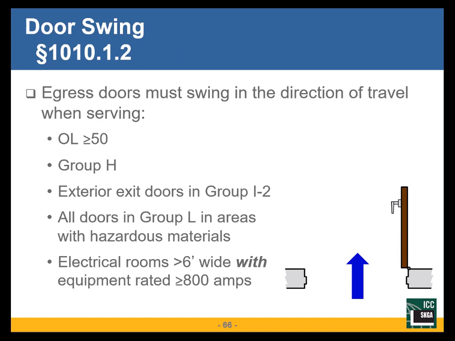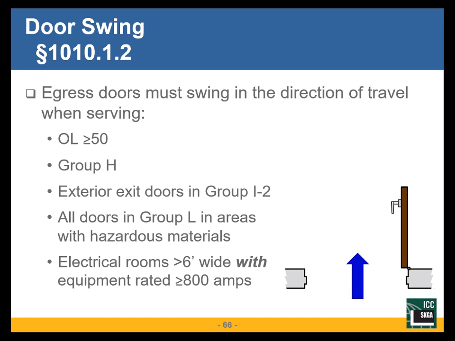When do the doors need to swing in the direction of egress travel? When the occupant load is 50 or more, regardless of occupancy classification, 50 or more. If it's a group H, all of the exit doors swing in the direction of exit travel.